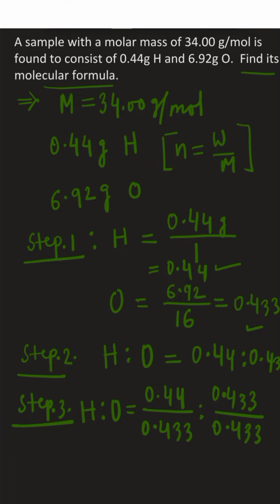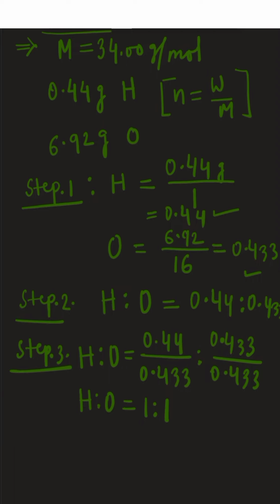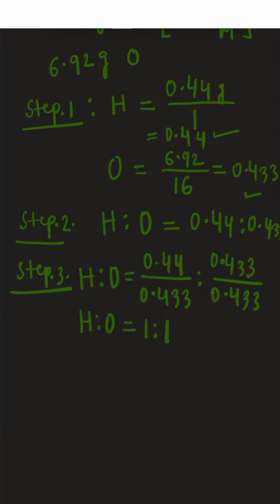So you see 0.44 by 0.433 is approximately equal to 1, and the latter one, 0.433 by 0.433, is also equal to 1. So ultimately the ratio of hydrogen and oxygen is becoming 1:1. So the empirical formula of the given compound will be HO or OH, right?